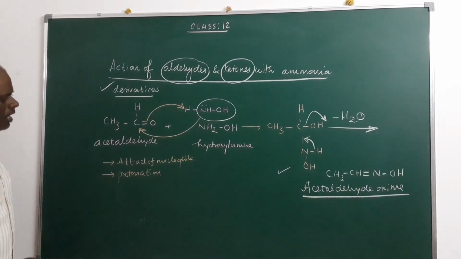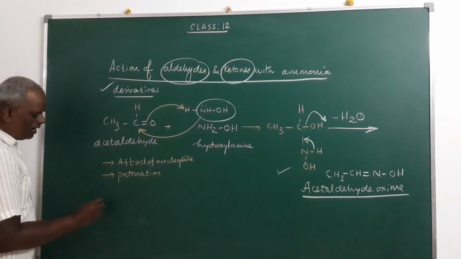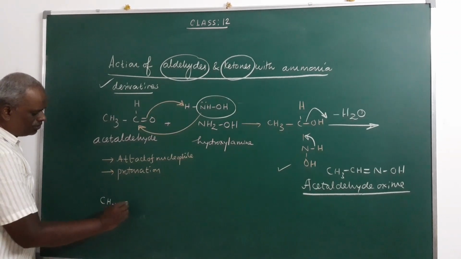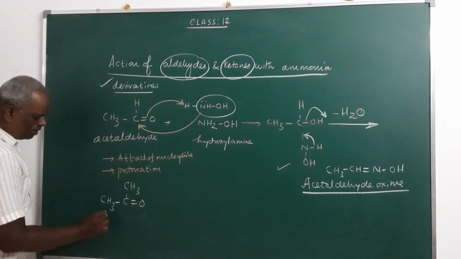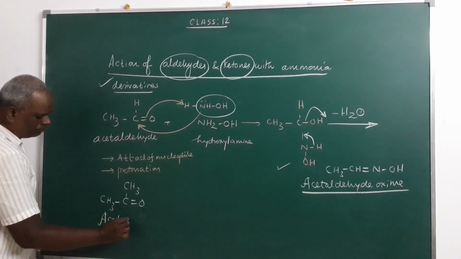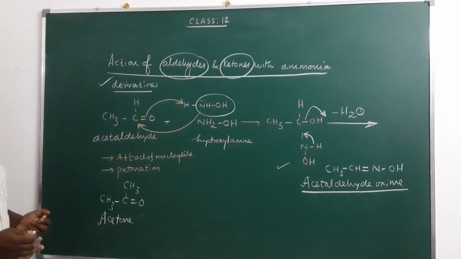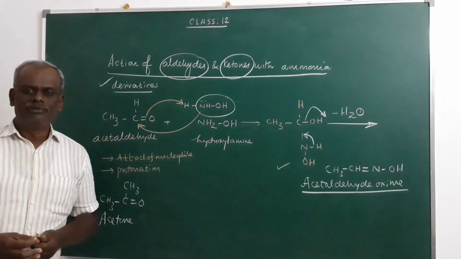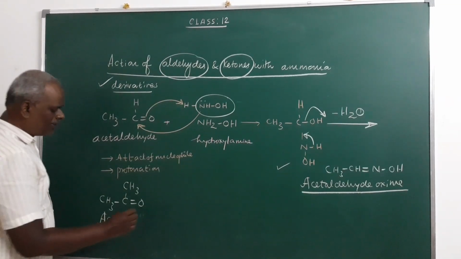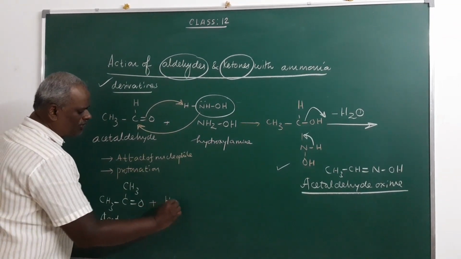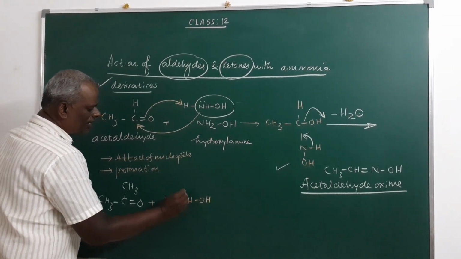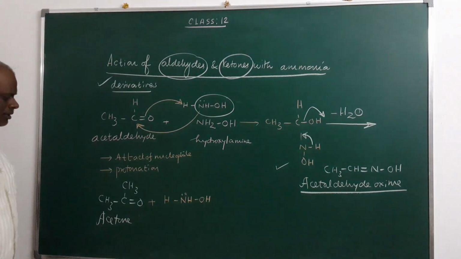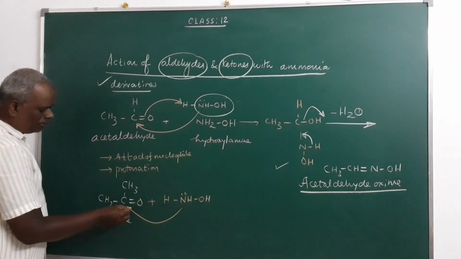Likewise, if you take acetone, the same idea, CH3 C double bond O CH3, the molecule called acetone. All the reactions can be explained in a similar manner. When acetone is in contact with hydroxylamine, the pair of electrons present on the nitrogen can attack the carbon.